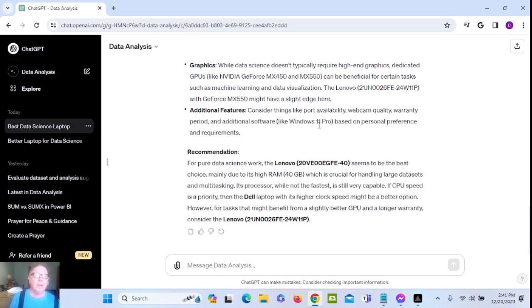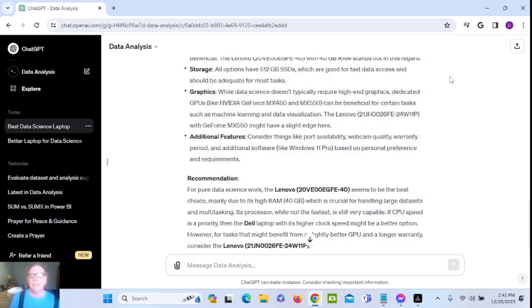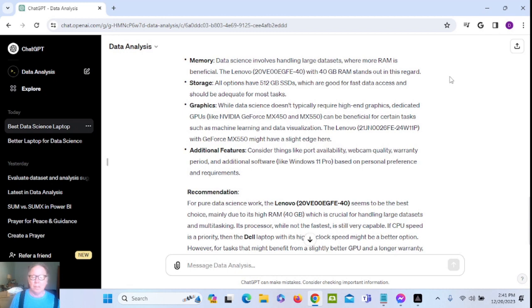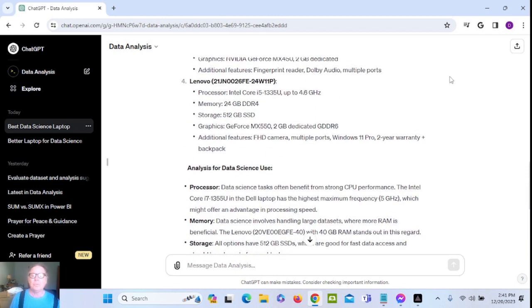Okay, and there we have it. Lots of details. So they're saying the Lenovo has 40 gigabytes of RAM.